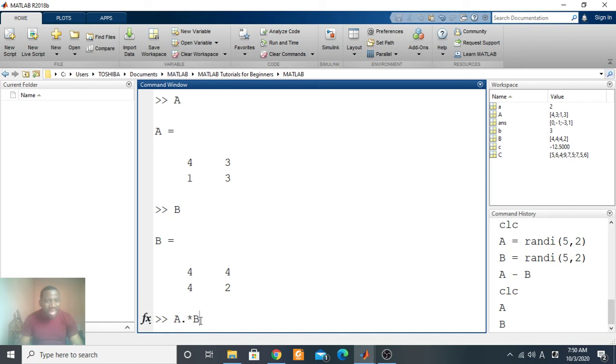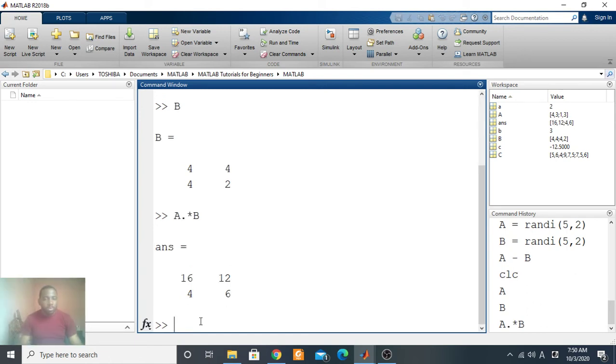This will be element-wise multiplication. As you can see, this dot notation is very important because it goes for almost all of the operators with which we can't normally do element wise operations in linear algebra, like multiplication and division and exponential in matrices.